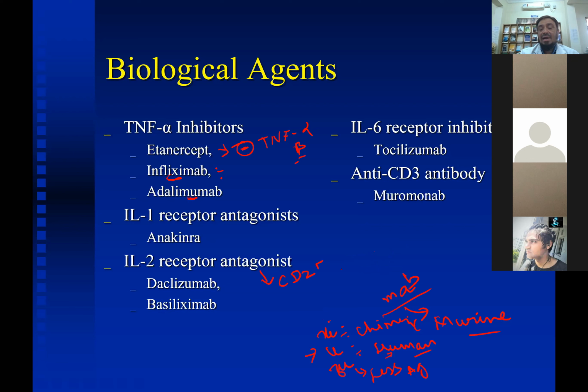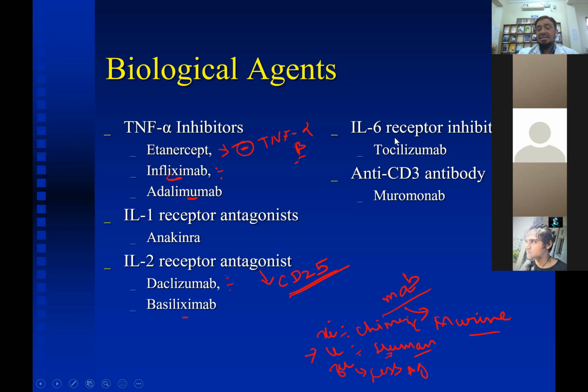The IL-2 receptor present on the T cells, mainly the CD25 antigen, is there, and daclizumab and basiliximab inhibit this interleukin 2 receptor, and they are also known as anti-CD25 monoclonal antibodies. Daclizumab has less affinity to this interleukin 2 receptor than basiliximab.